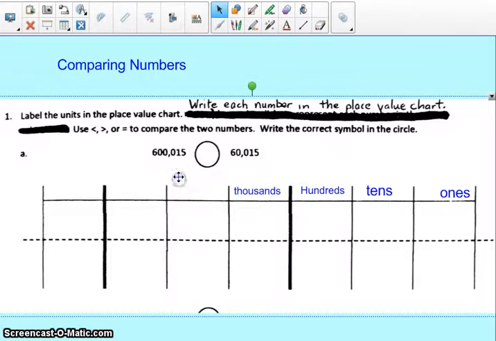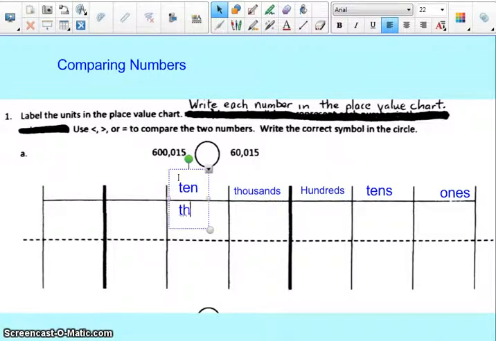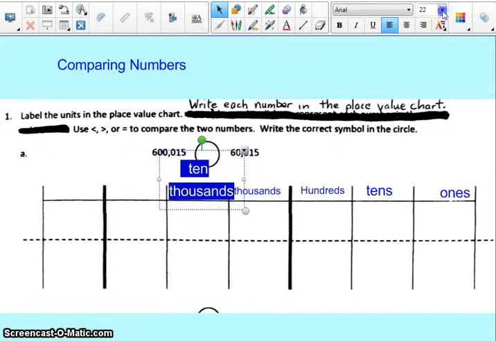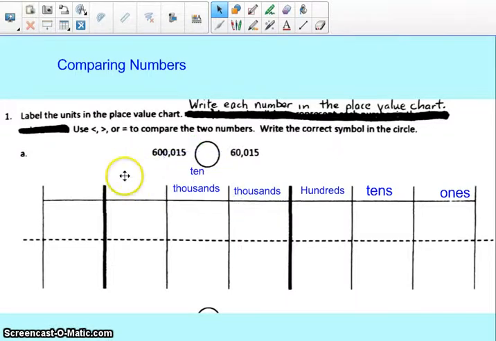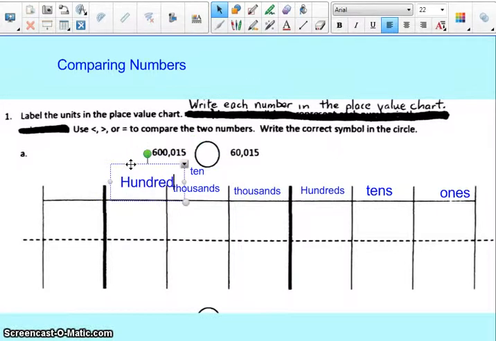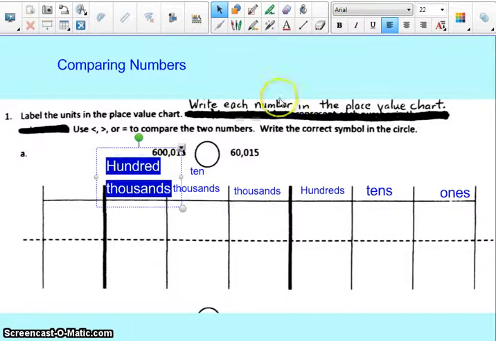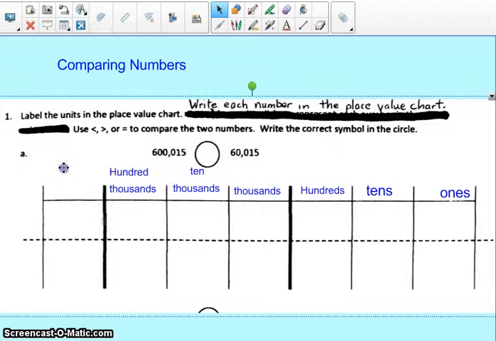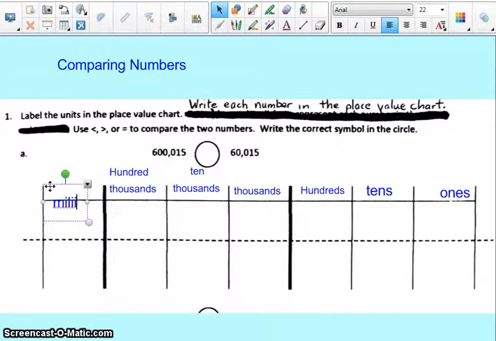We know that this is the 10,000s place. Let me make this so you can see it in its place. We know that this is the hundred thousands place. Of course, the last place you're responsible for is the millions.